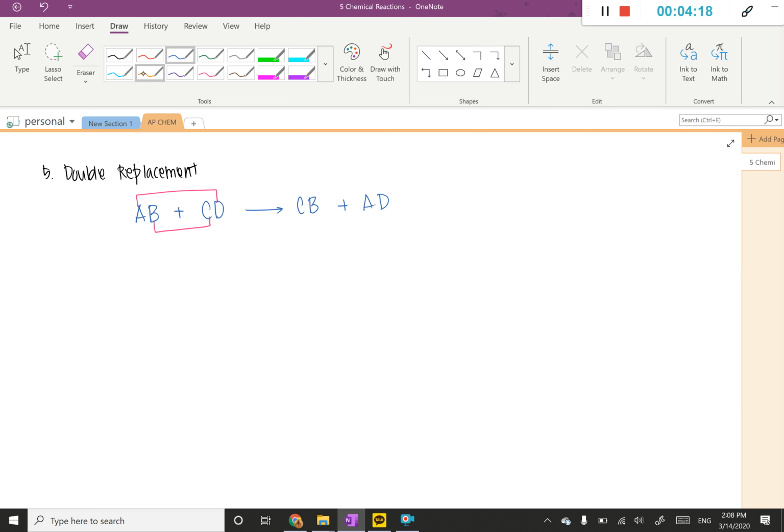If you see, I switched the B and the C here because I am trying to be conscious that A is a cation, B is an anion, C is a cation, and D is an anion. And we always like to put cation first and then anion.